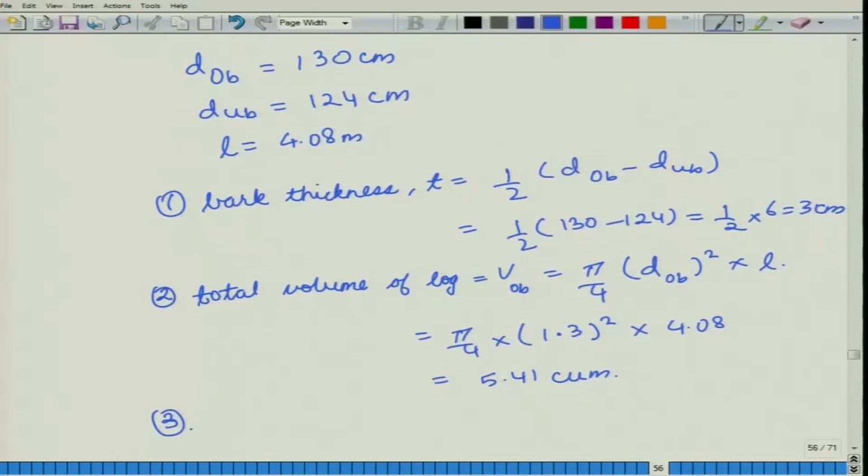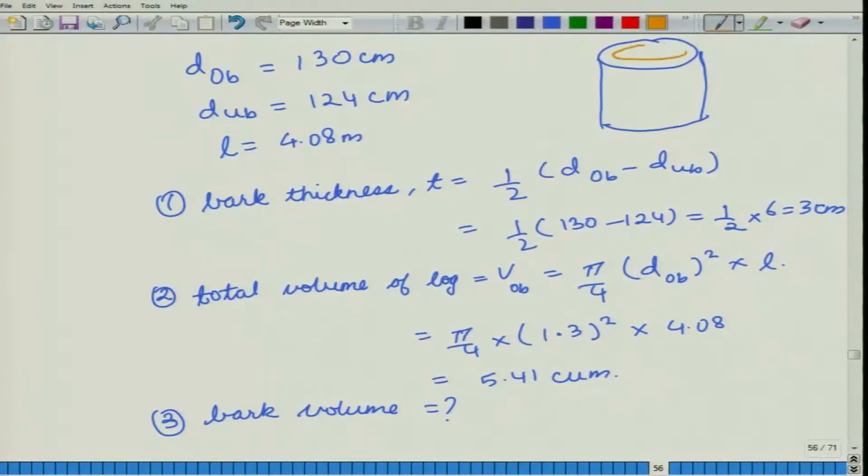Now, if you wanted to calculate the bark volume, say this is your total volume and this is your under bark volume, you can calculate the bark volume as equal to the volume over bark minus the volume under bark.